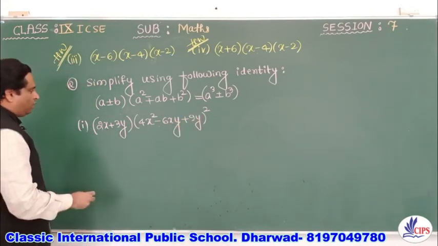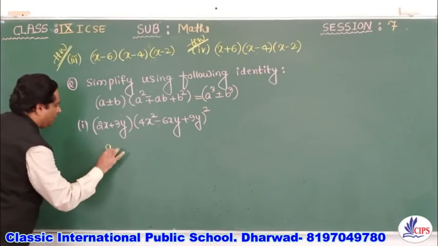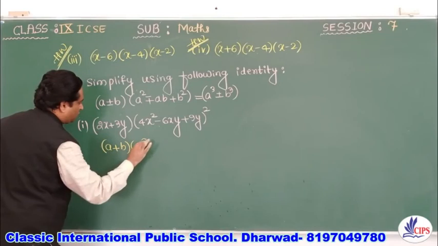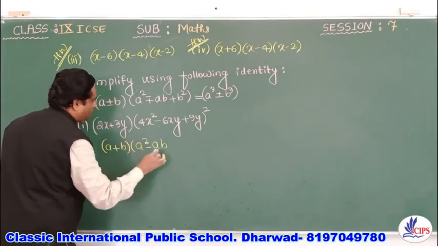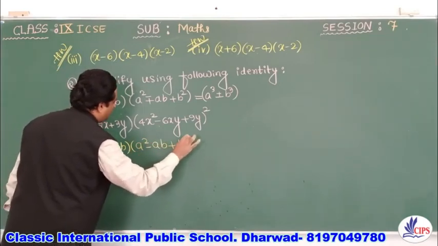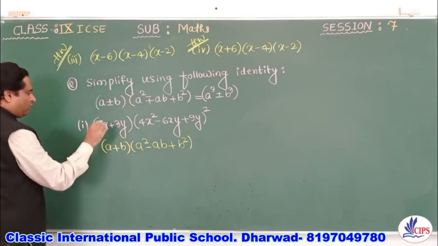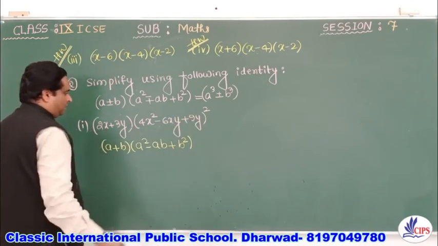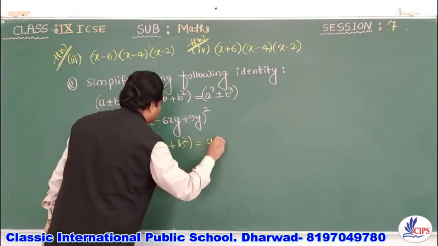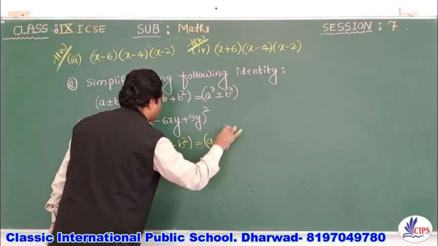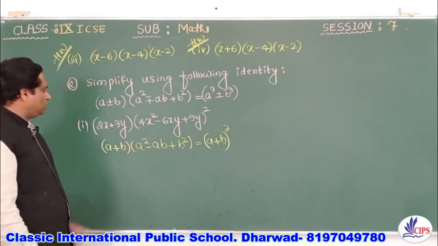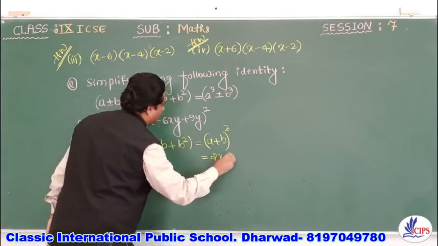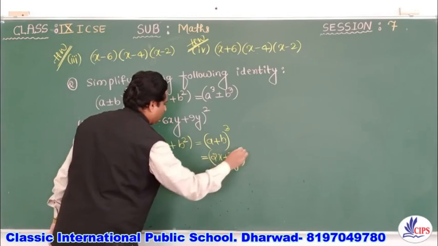Now it is in the form of a plus b into a square minus ab plus b square, which is equal to a plus b whole cube. Correct? A plus b whole cube, that is 2x plus 3y whole cube.